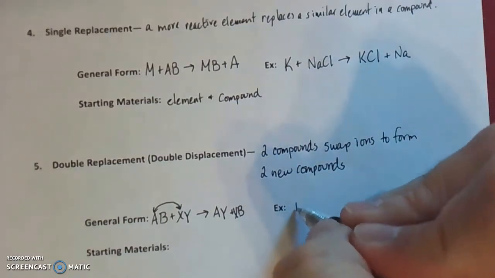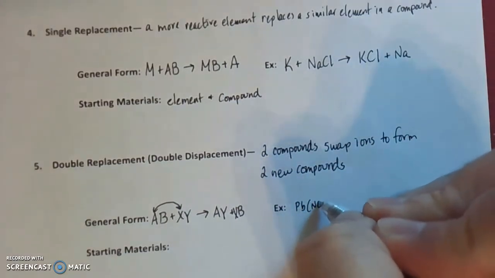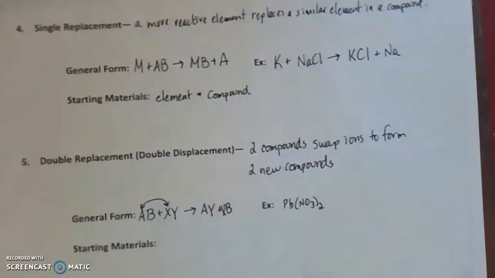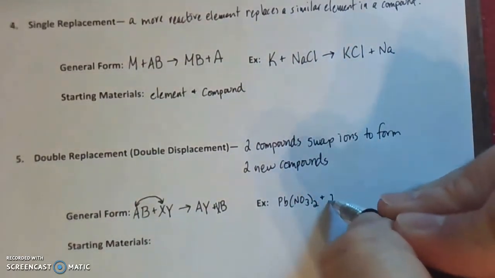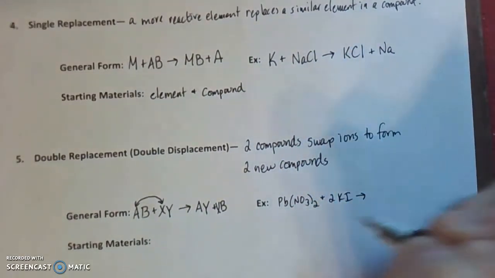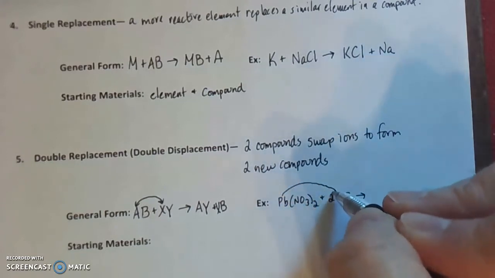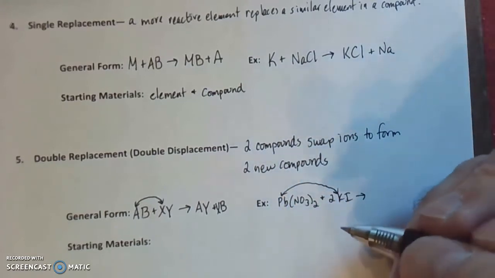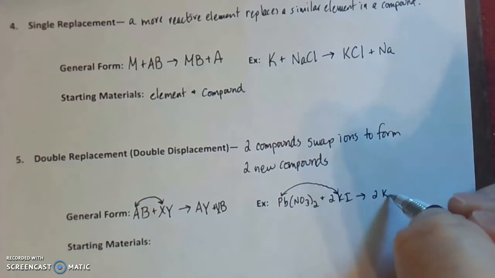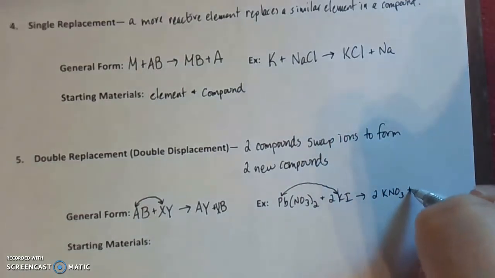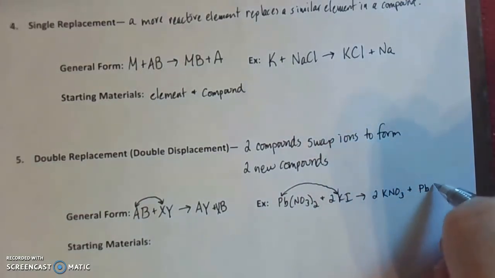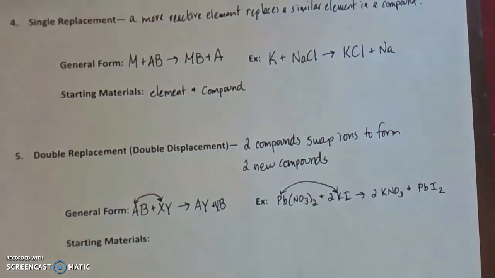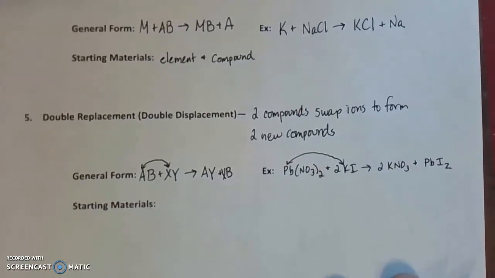An example of this, if we have plumbous nitrate plus potassium iodide, the K and the Pb swap places, and so we're going to get K paired with NO3, and we're going to get Pb paired with I, and we have to write the correct formulas for it.